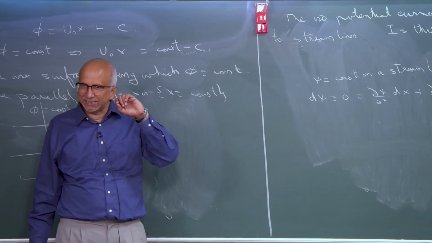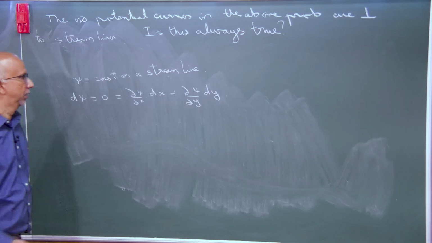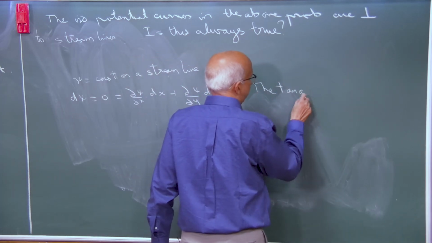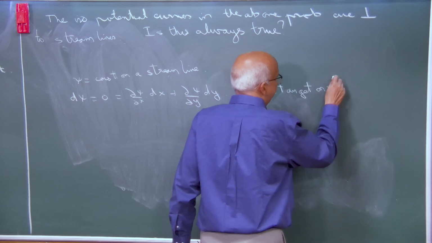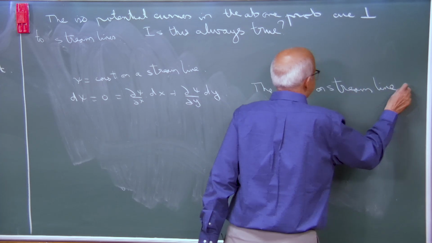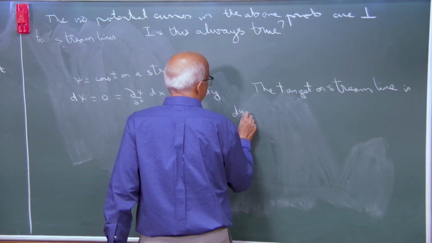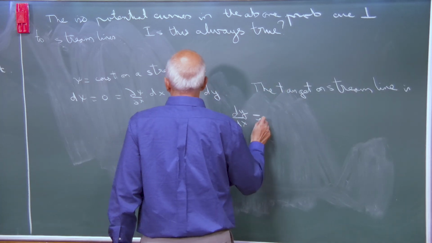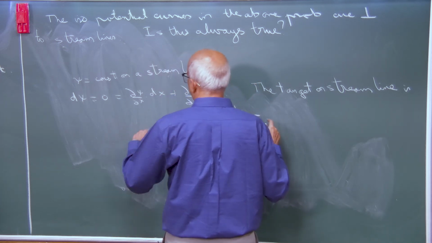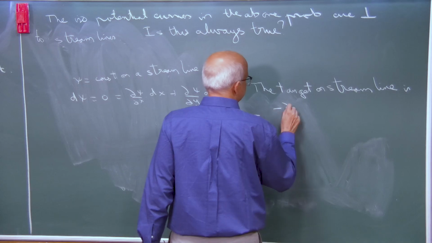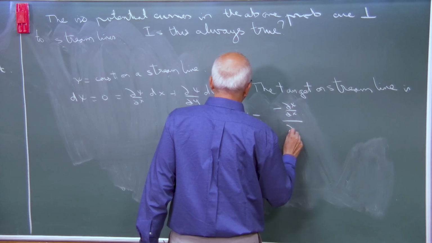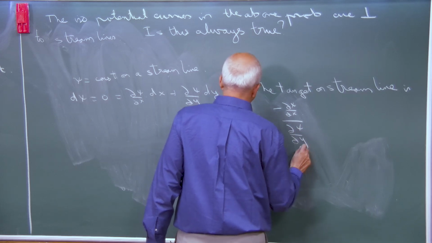So, the tangent at every point on the streamline is given by dy by dx, which is minus d psi by dx divided by d psi by dy.